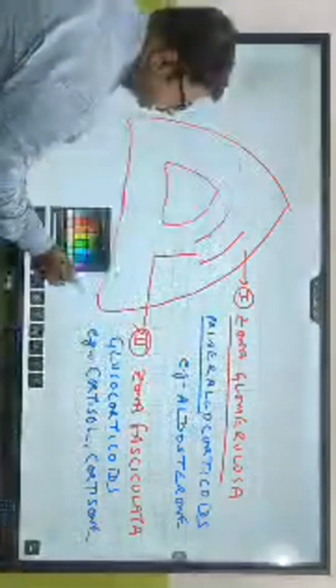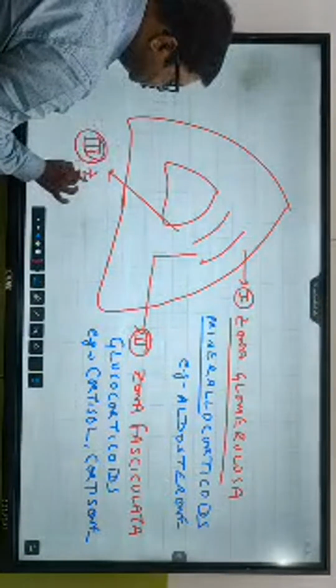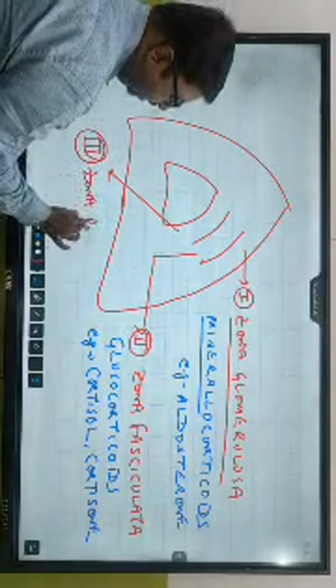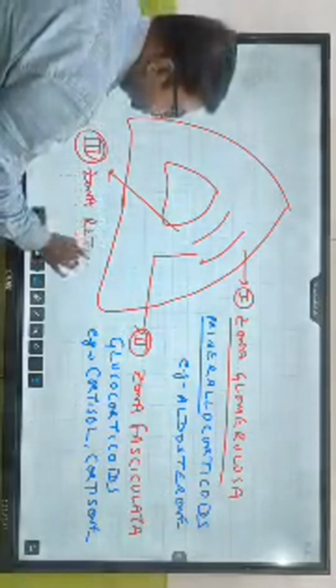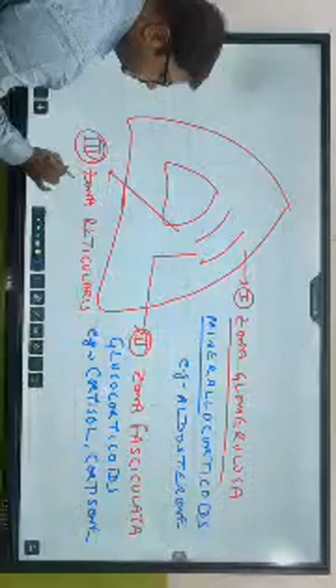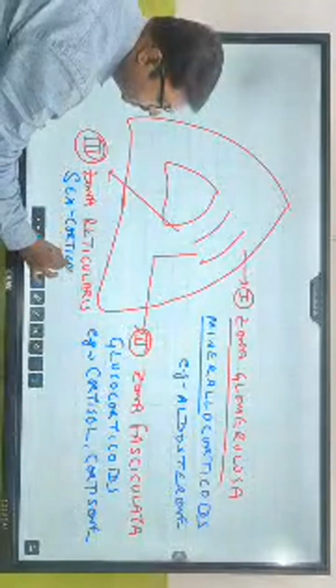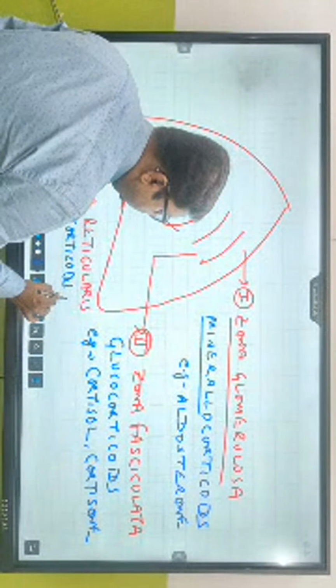The third one is zona reticularis. Zona reticularis. And the type of hormone it secretes is sex corticoids. Fine.